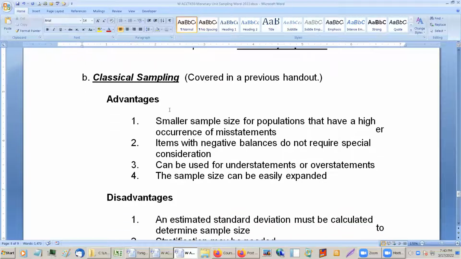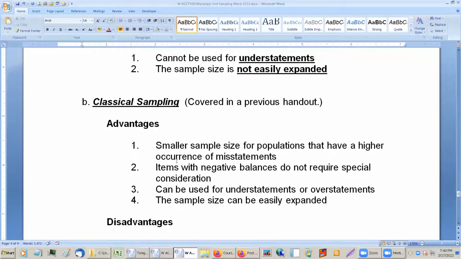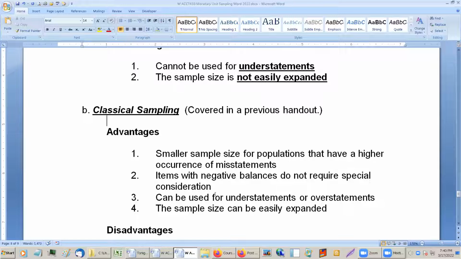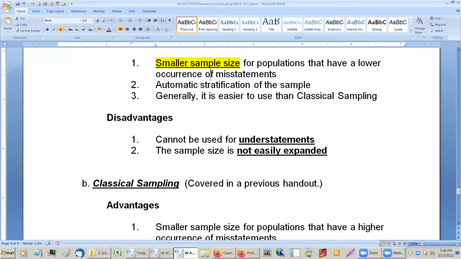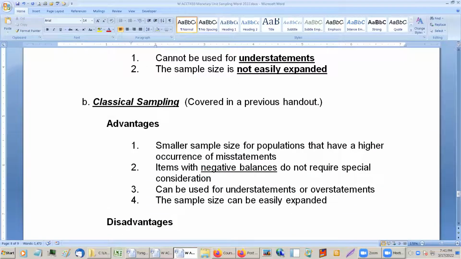Classical sampling. Kind of the opposite of what you just have above. A few of the things here: it's okay with negative balances. Negative balances up here, well, you have to investigate them, but they tend to be a little bit trickier. The big thing about classical sampling is it can be used for anything.